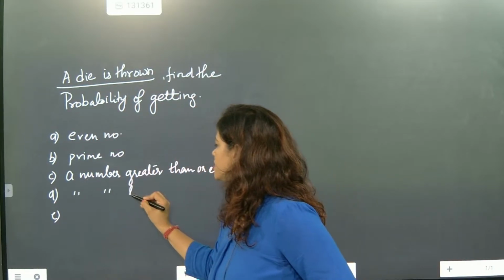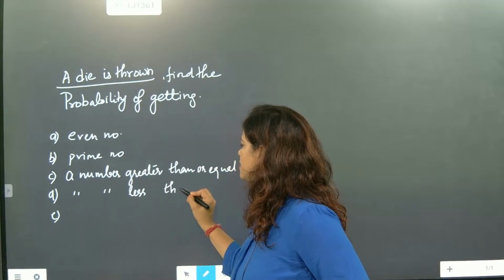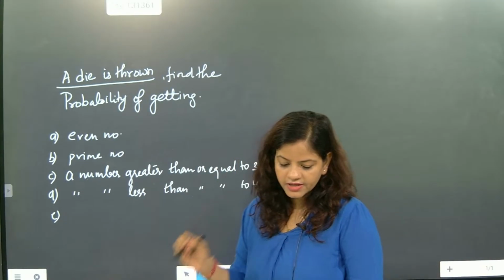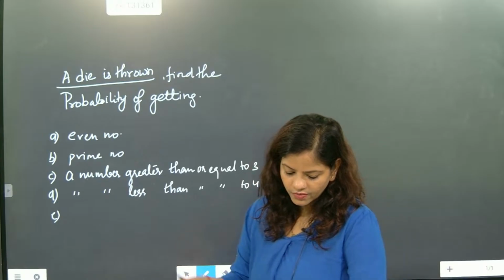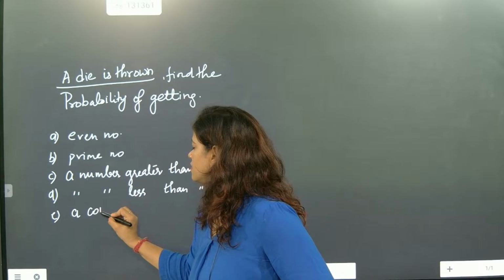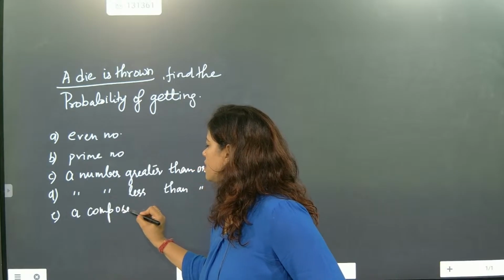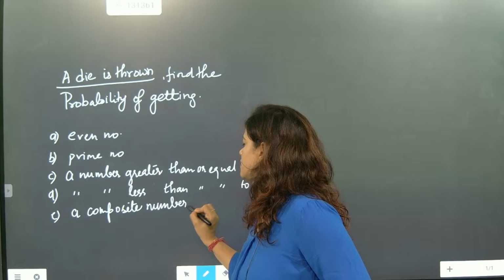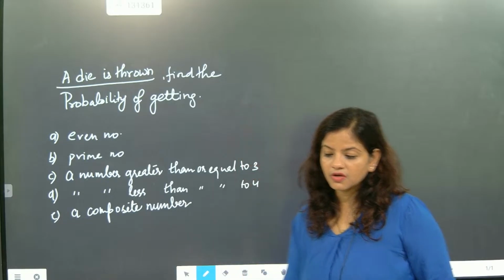Next, a number less than or equal to 6 is there. Now, a composite number. Got it? So now start solving the question.